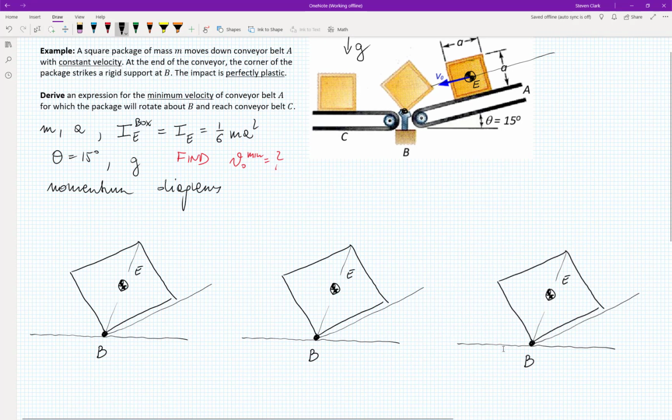So on the first drawing, I will just show you what happens before the impact, okay? So at time instant t1. Here I will show you what happens at time instant t2, right after the impact, and in here I will just show you what happens in between.